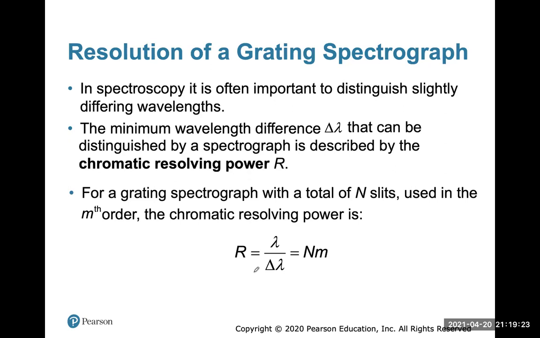Resolving those two very similar yellow wavelengths means that we need to make sure we have enough resolving power, enough resolution. The smallest difference between constituent wavelengths that can be distinguished by a spectrograph is described by the chromatic resolving power.